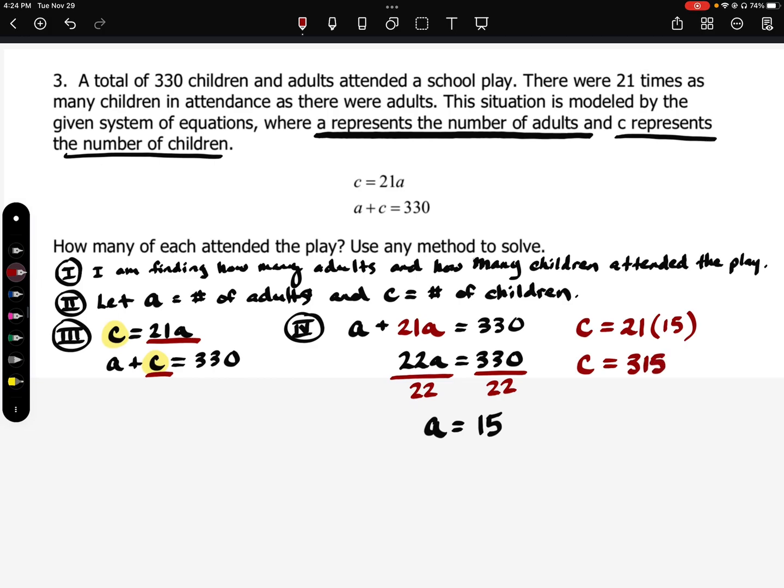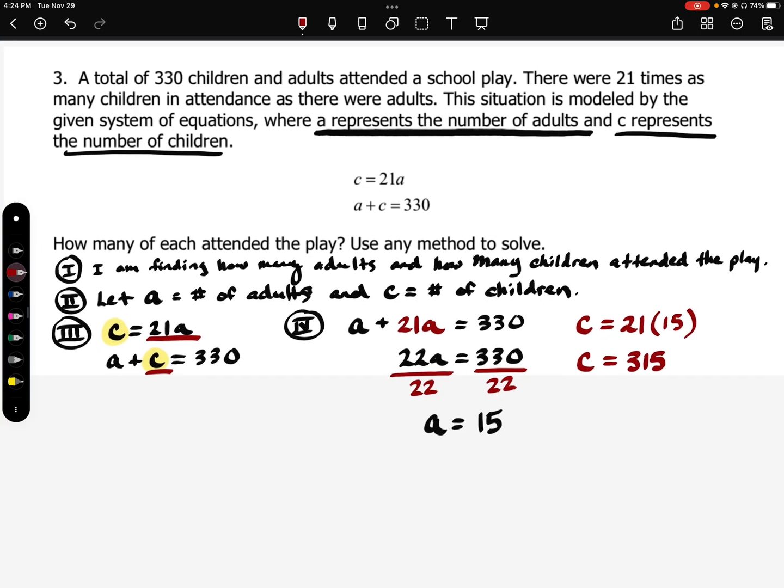Let's think about it here, right? We said that how many total adults and children should there be? Well, 330 total. And if I take the 15 adults plus the 315 children, that should equal 330 people, which we know it does. Our last thing here would be to just answer the question.